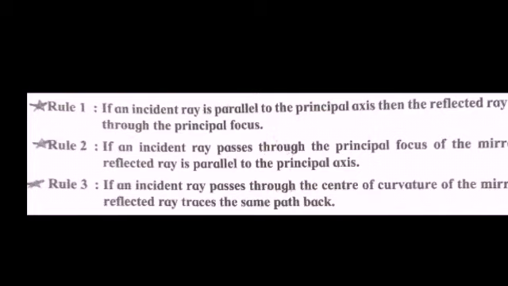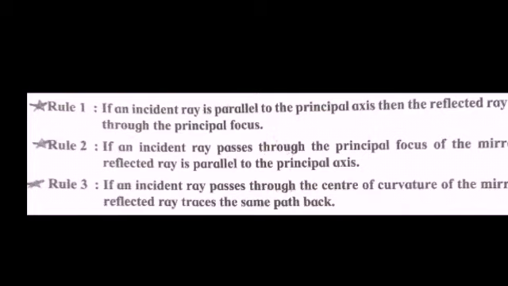Rule 1. If an incident ray is parallel to the principal axis, then the reflected ray passes through the principal focus. The second rule is, if an incident ray passes through the principal focus of the mirror, the reflected ray is parallel to the principal axis.